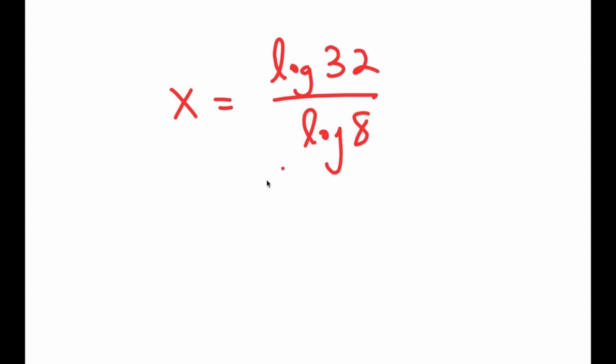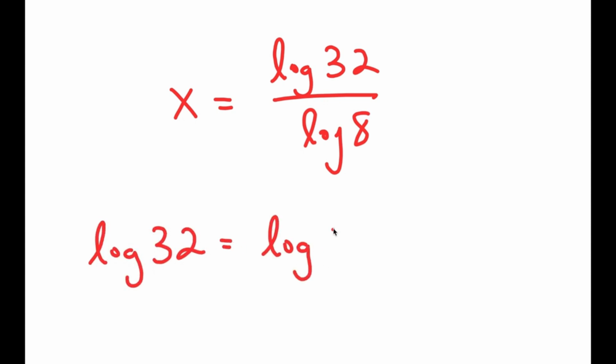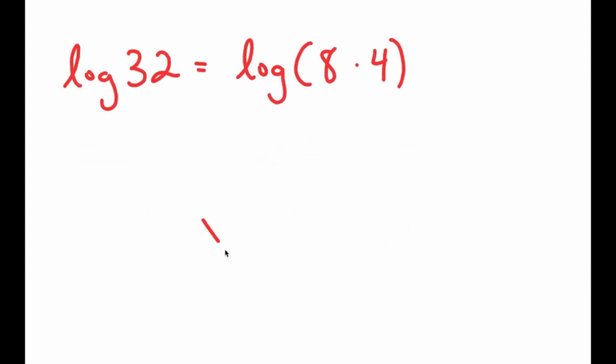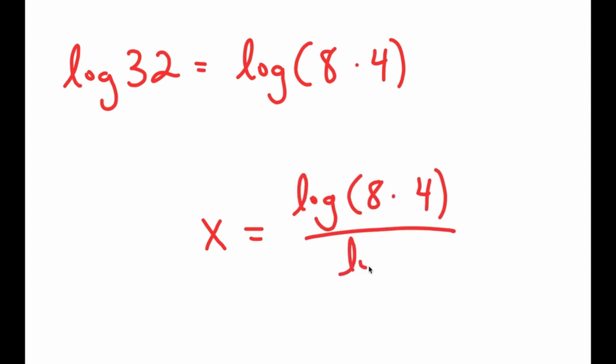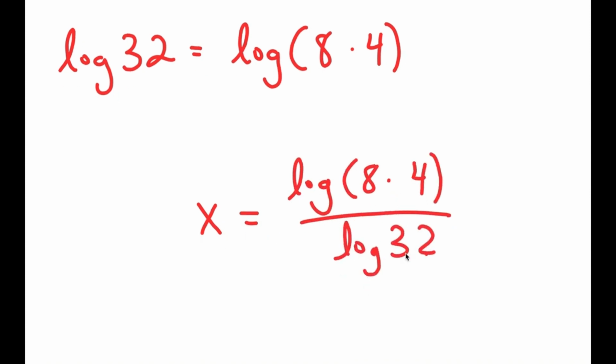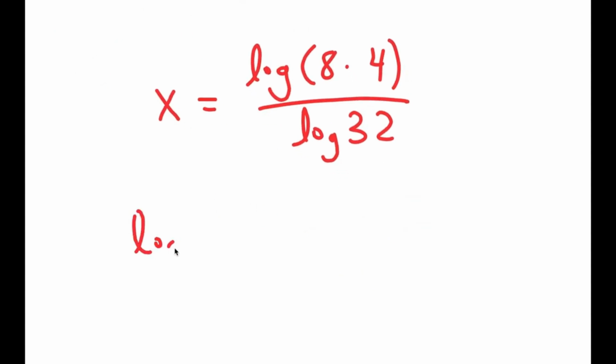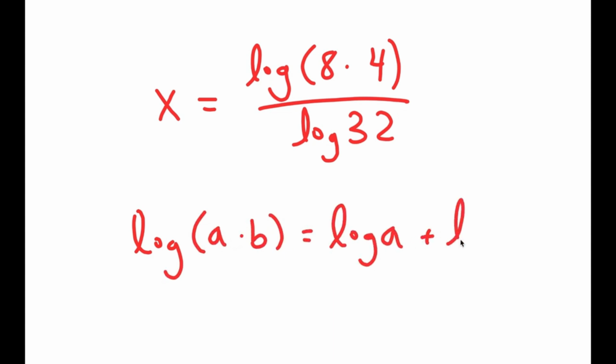Now, log of 32 is the same thing as log of 8 times 4. So I get log of 8 times 4 over log of 8. And if I have something in the form log of a times b, this is equal to log a plus log b.